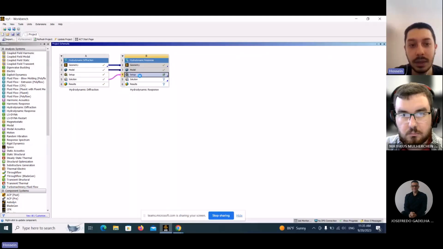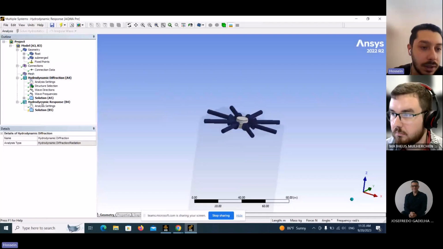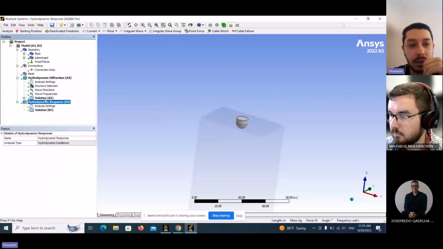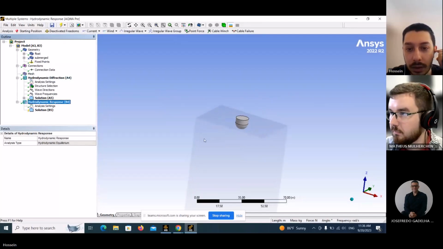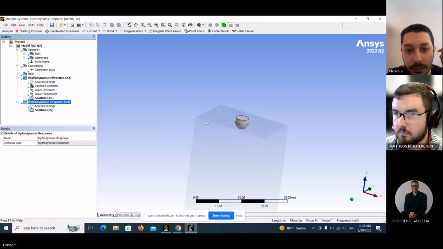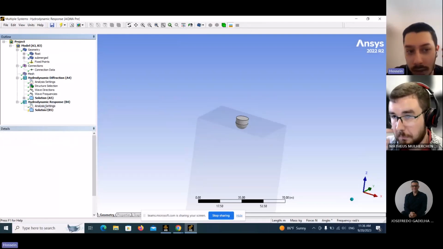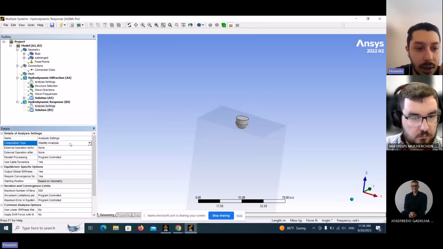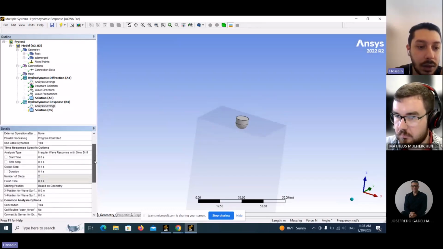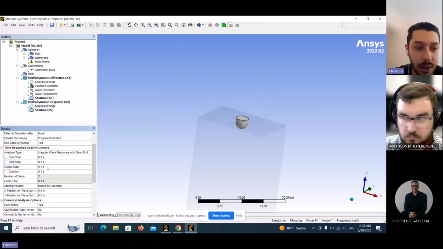And now we click on the setup part. As you can see, the hydrodynamic response is added to the hydrodynamic diffraction. For the analysis settings, you should set the computation type to time response analysis, and you have to set your start time and end time.